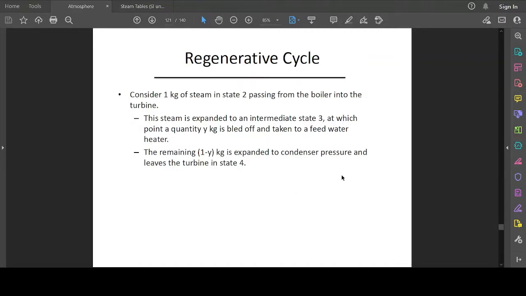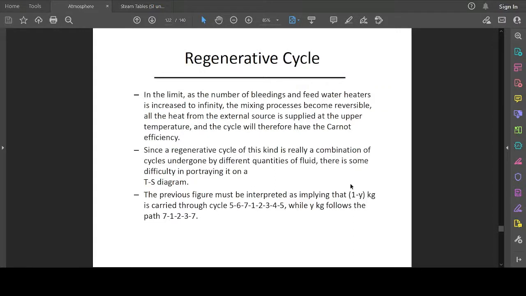The remaining 1 minus y kilogram is expanded to condenser pressure in the second turbine and leaves the turbine in stage 4. In the limit, as the number of bleedings and feed water heaters is increased to infinity, the mixing process becomes irreversible.